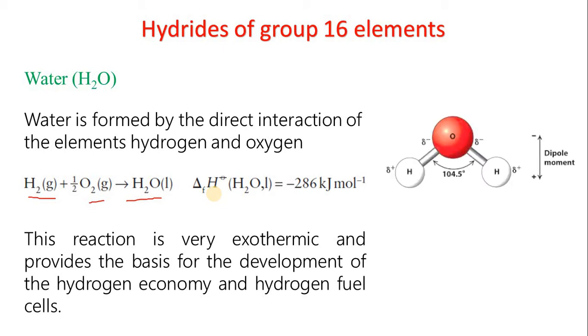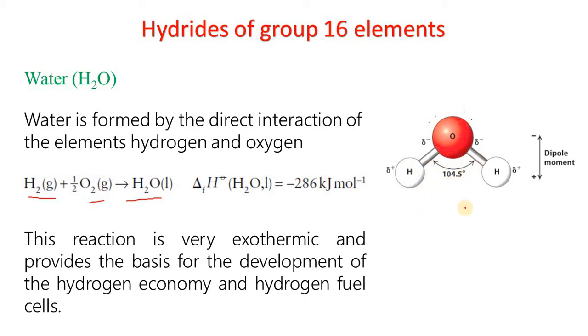And water, as we know, is a polar molecule with dipole moment 1.86 Debye, and the structure is bent like this. There are actually 6 valence electrons in oxygen. 2 are used for bonding with hydrogen, and there are 2 lone pairs here, 1 lone pair and the other pair, and the angle is 104.5 degrees.